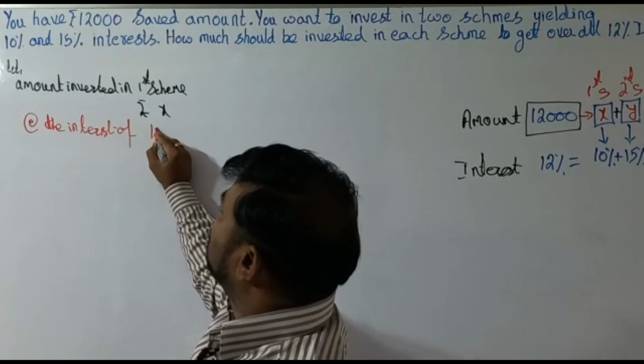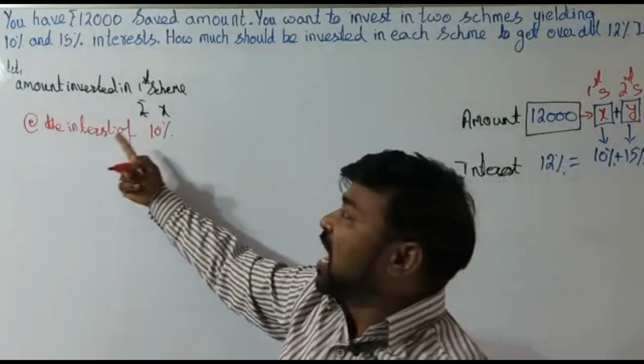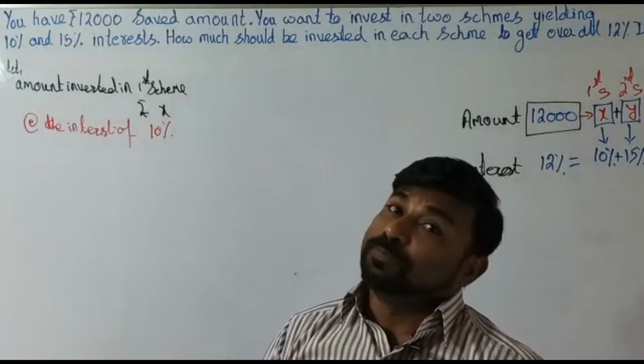It is nothing but 10%. So the amount invested in the first scheme is X at the interest of 10%.